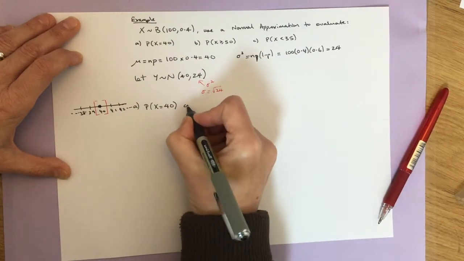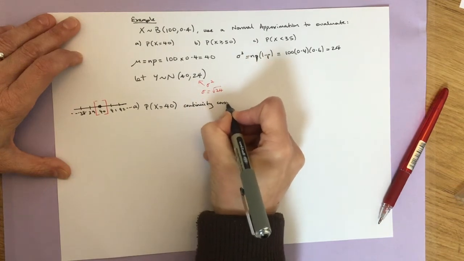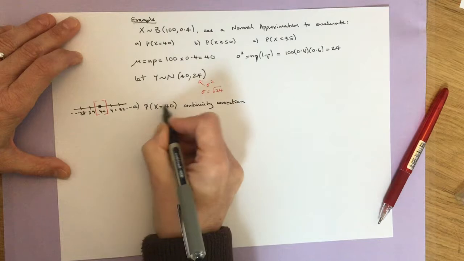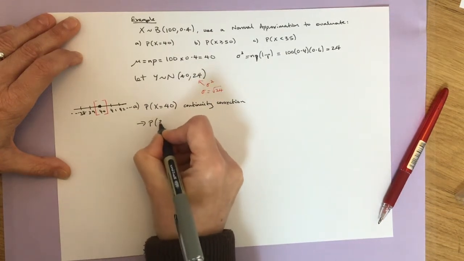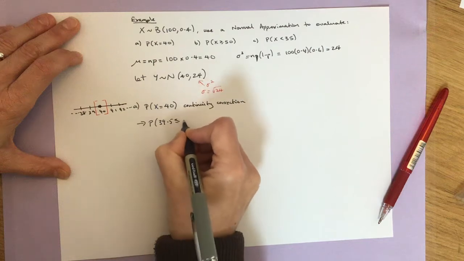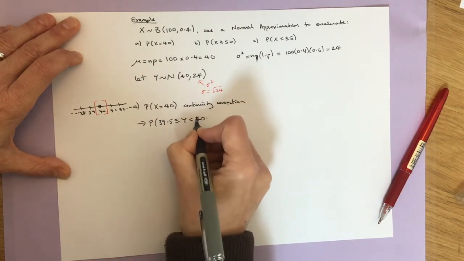So we do what we call a continuity correction, converting from a discrete number to a continuous number. So that's going to mean that my y can be anywhere between 39.5 and 40.5.